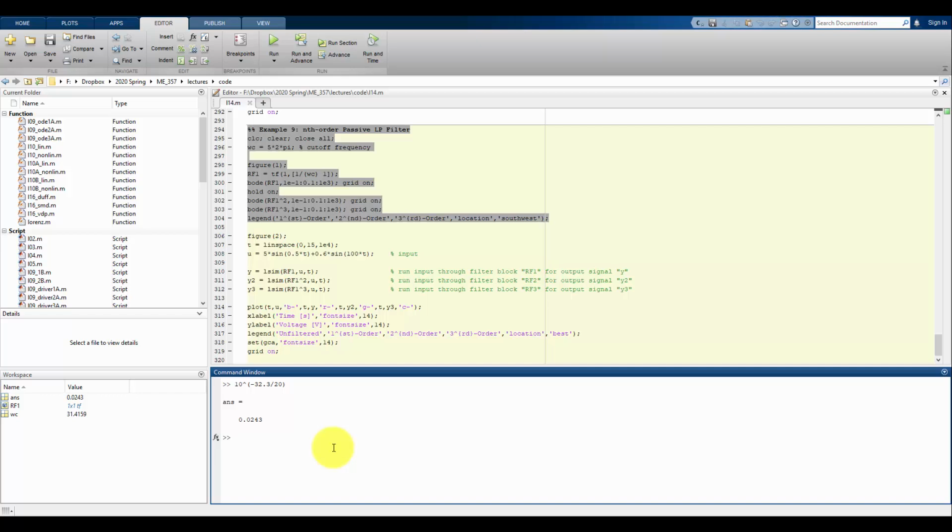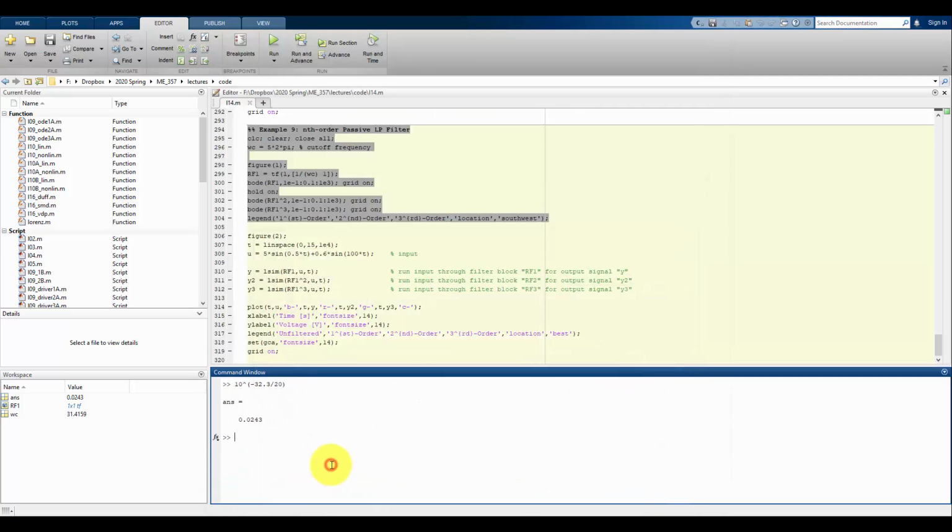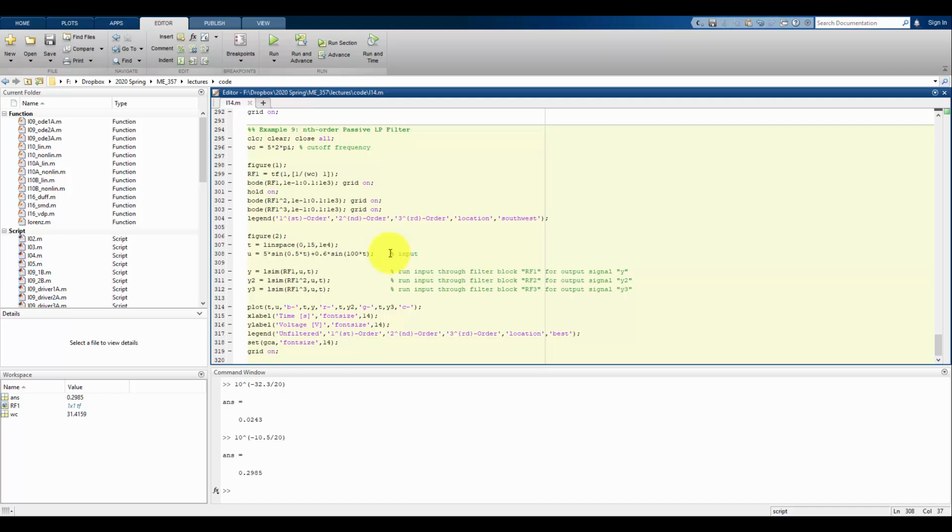So we're going to see it's about 2.5% is what's going to be left of that original amplitude. And once again, if we compare that to a first order filter at negative 10.5, there we're left with about 30%. So we're going to see much harsher attenuation of those high frequency signals in the third order versus the first and even the second. All right, so let's just run everything and see what the simulation looks like.